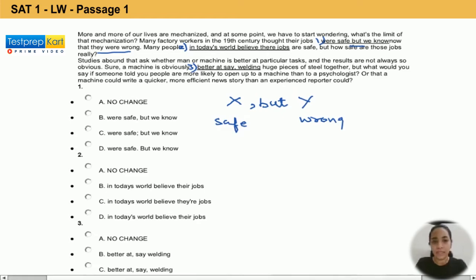Now, as you can see, we need a but, after that there is a whole clause coming. We have a subject, we have a verb. And whenever we use a conjunction to join two complete, or two independent clauses or sentences, then we need this comma, right? And we know that our question is about punctuation. So let's see which answer choice matches this structure.